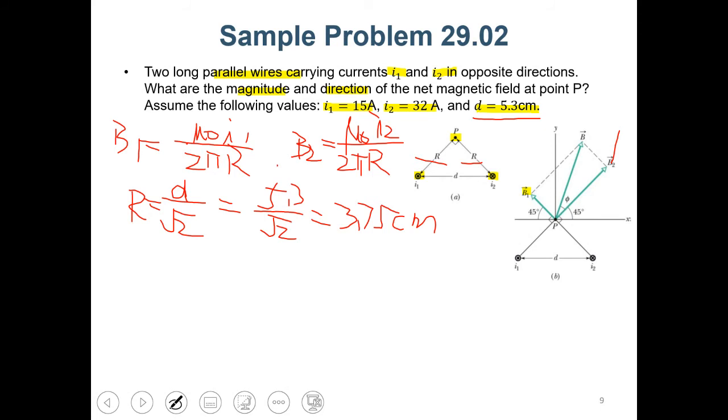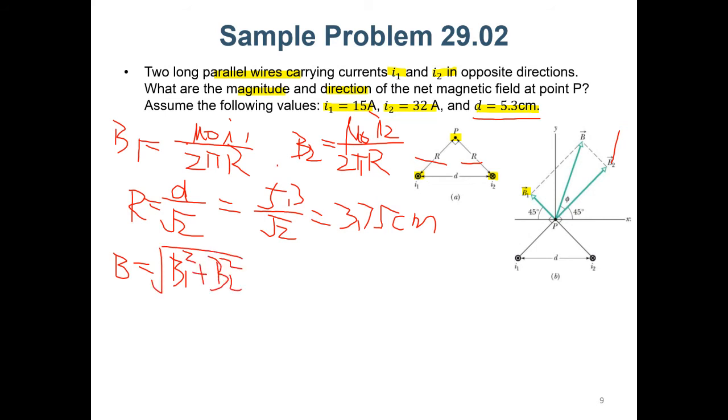And so B would be the square root of B1 squared plus B2 squared, because B1 points to this side and B2 points to that side, so they are perpendicular to each other.